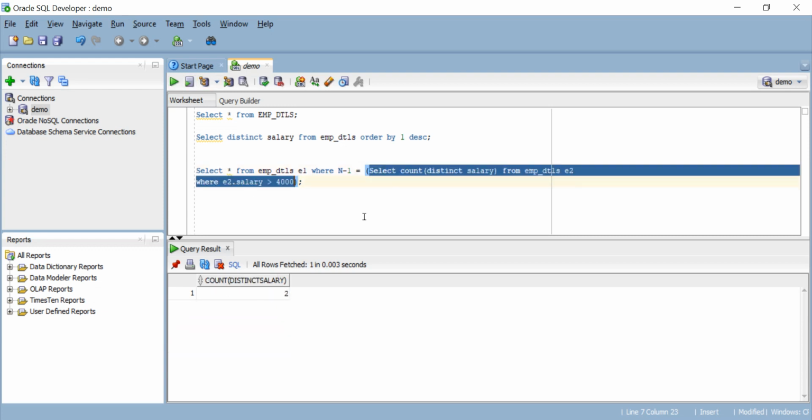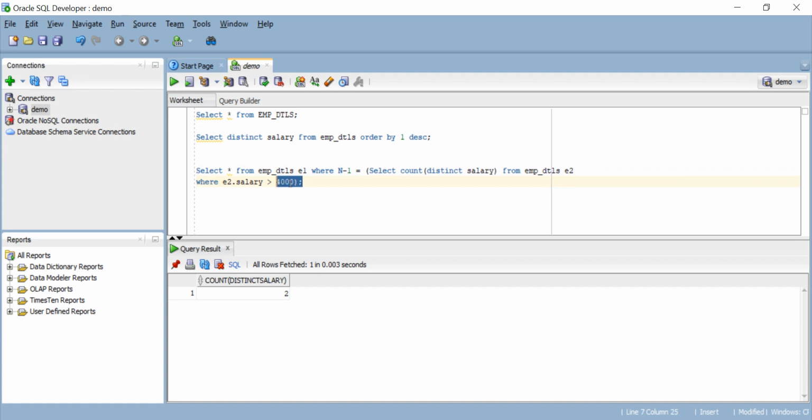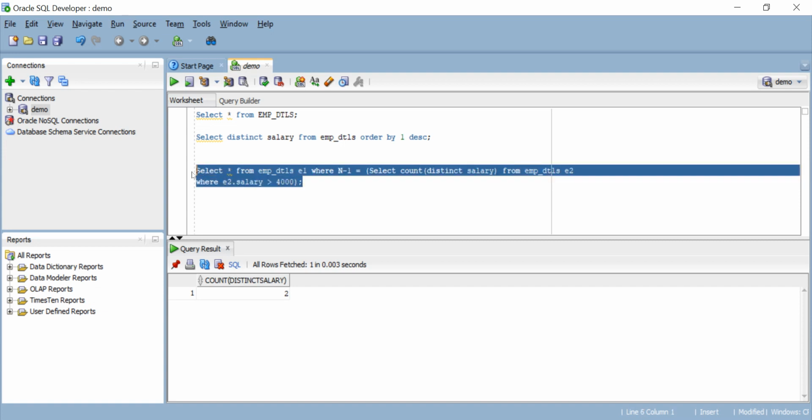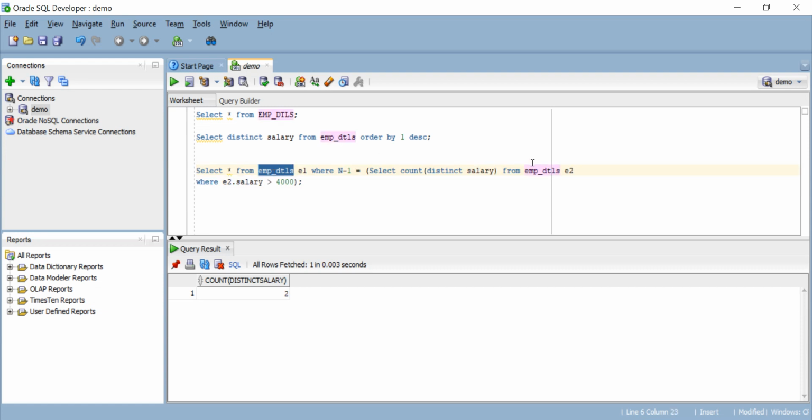So that is what we have written over here in SQL. We are taking the employee details table, giving it aliases, and then if we want to find out the nth highest salary, we are just finding out what is n minus 1. That is how many salaries are above it.